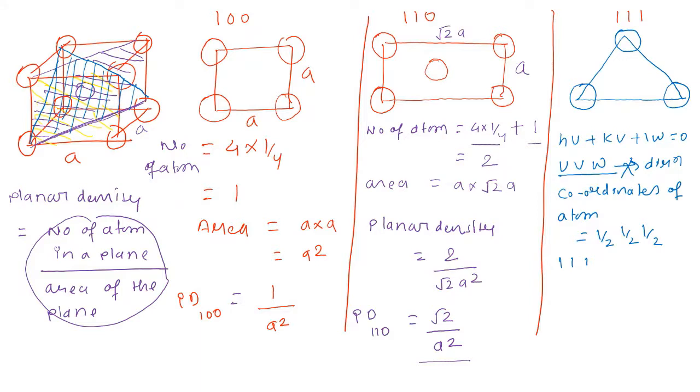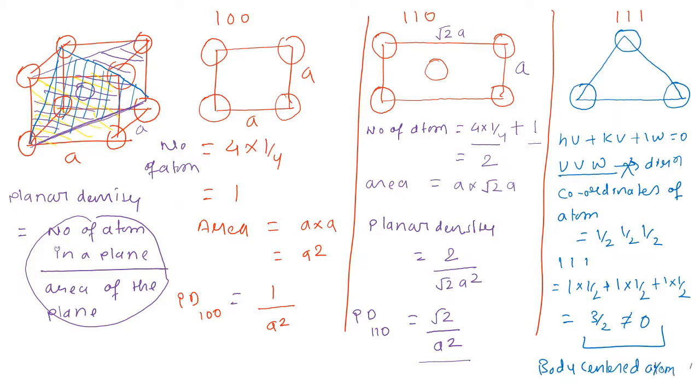Now let me put it into the equation: 1 into 1/2 plus 1 into 1/2 plus 1 into 1/2. So it will be 3/2, which is not equal to 0. That's why this body centered atom does not lie in the 111 plane.